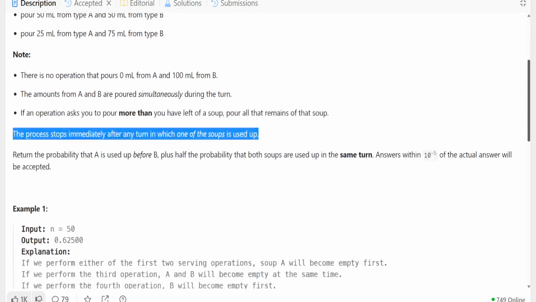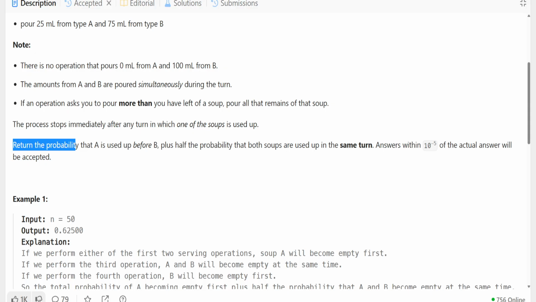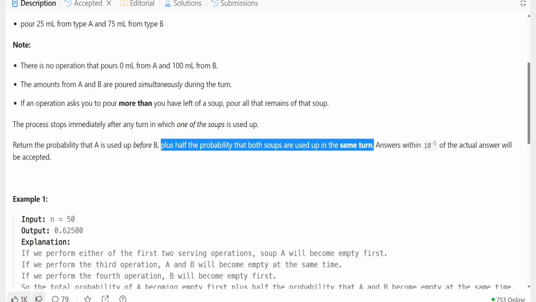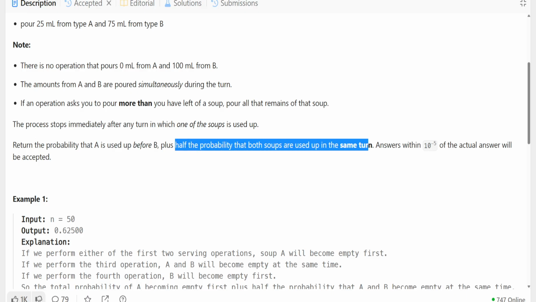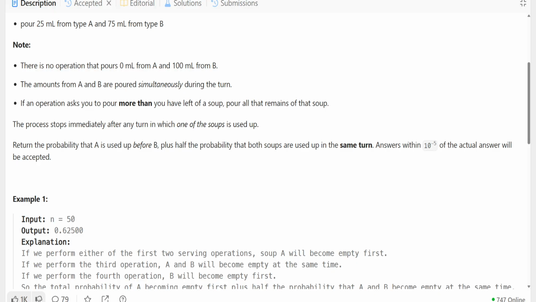Then we have to return the probability that A is used up before B, plus half of the probability that both soups are used up in the same turn. An answer within 10 to the power minus 5 of the actual answer will be accepted.